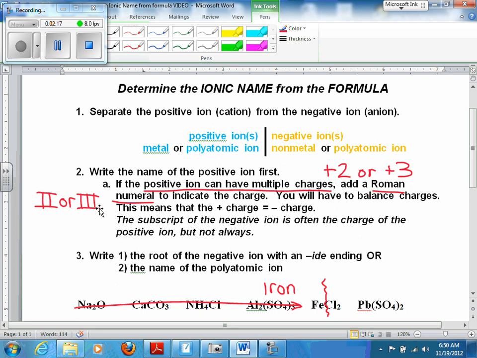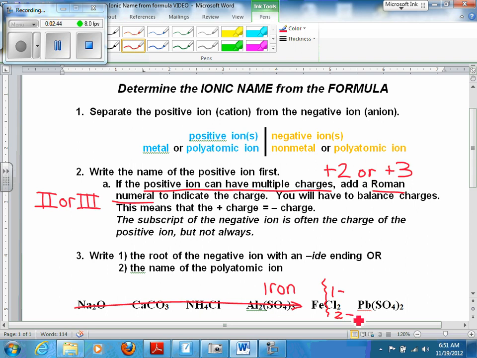This is a nice little trick. The subscript of the negative ion is often the charge of the positive ion, but not always. Okay, so in this instance, it really is. So we know chlorine is a 1- charge. Because I have 2 of those, this is going to be a 2- charge on this side.